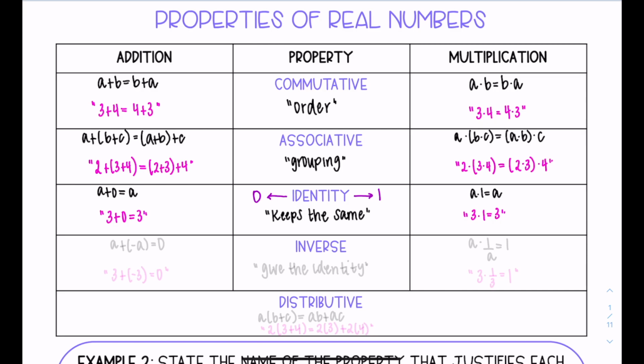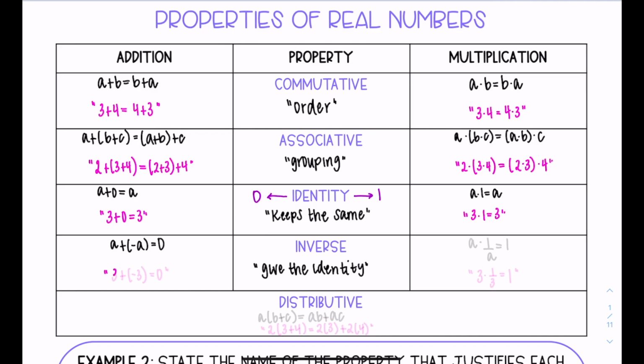For the inverse property, the goal is to give the identity. So when we talk about addition, the goal is to get to 0. So that means A plus negative A would give me the identity of 0.